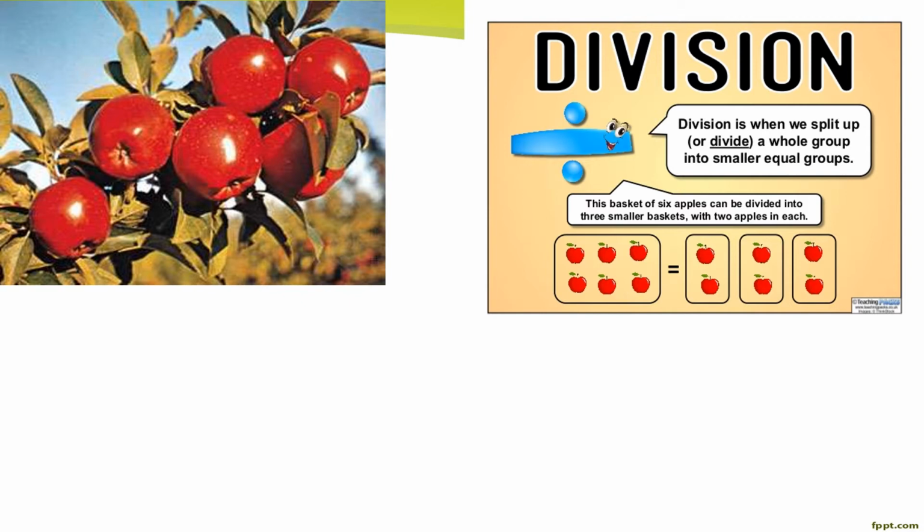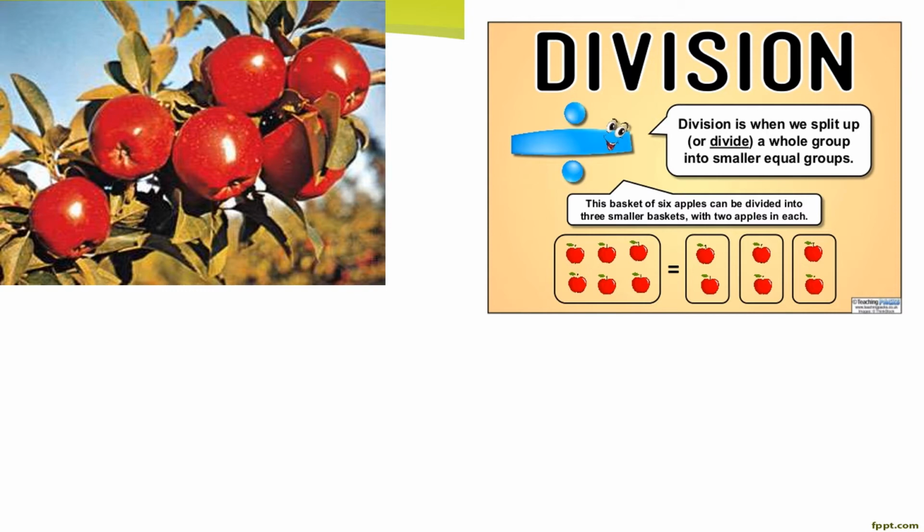Okay, look at this box. There are 6 apples and we are dividing them into 3 groups. This basket of 6 apples can be divided into 3 smaller baskets with 2 apples in each.